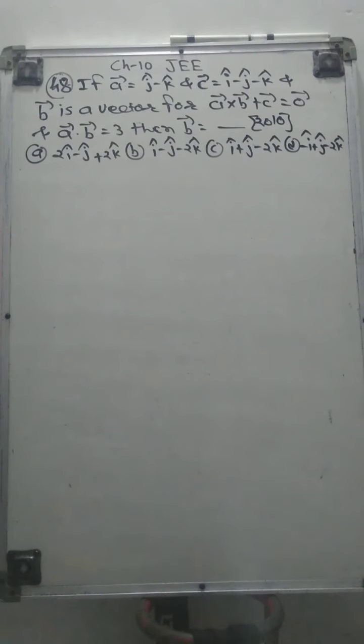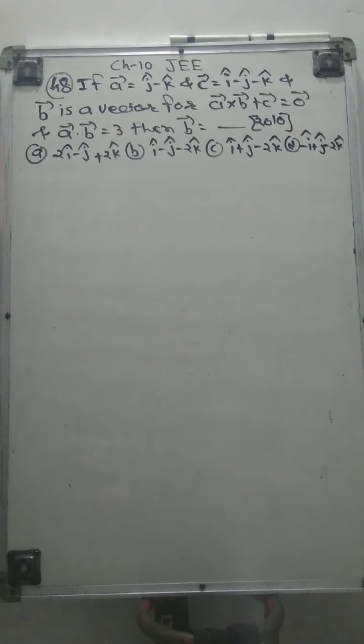Next sum, question 48. If A bar is equal to j minus k and C bar equal to i minus j minus k, and B bar is a vector for which A cross B plus C equal to 0 and A dot B equal to 3, then B bar is equal to dash.